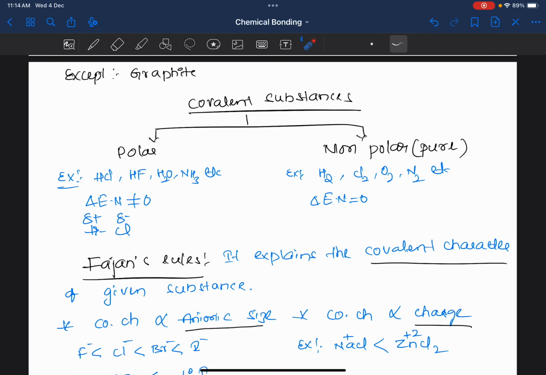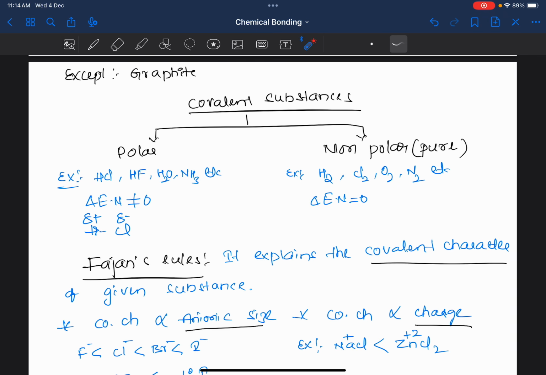And these covalent substances are simply divided into polar and non-polar substances. In polar substances, the electronegativity difference is not equal to 0, which means there is a little bit or more electronegativity difference. Generally see the examples: hydrochloric acid, hydrofluoric acid, water, ammonia.